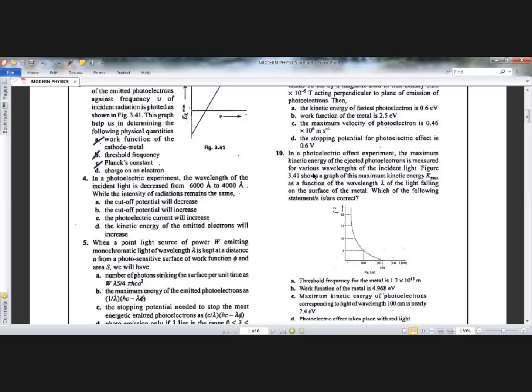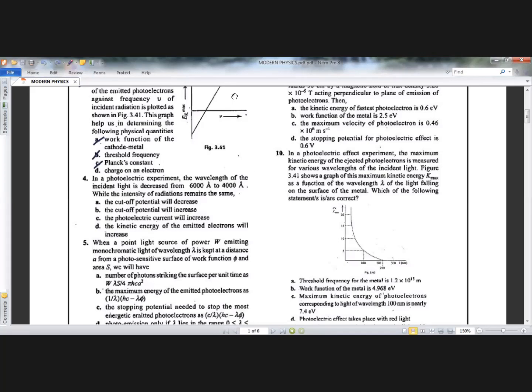Photoelectric experiment: the wavelength of incident light is decreased from 6,000 to 4,000 angstroms, while the intensity of radiation remains the same. The cutoff potential will decrease, the cutoff potential will increase, the photoelectric current will increase. I think in this context, the cutoff potential is probably trying to say the same as the stopping potential.